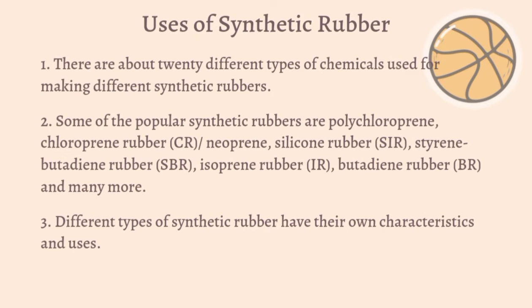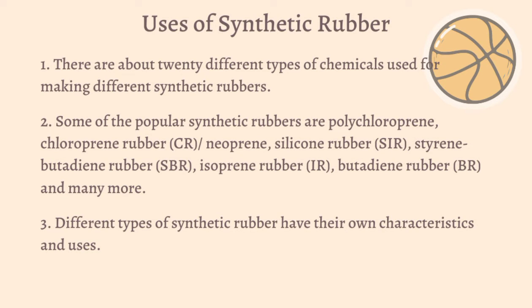Uses of synthetic rubber. There are about 20 different types of chemicals used for making different synthetic rubbers. Some of the popular synthetic rubbers are polychloroprene, chloroprene rubber, neoprene, silicone rubber, styrene butadiene rubber, isoprene rubber, butadiene rubber, and many more.